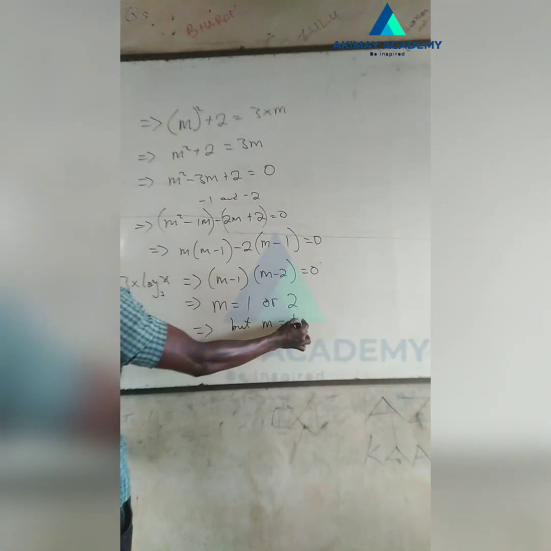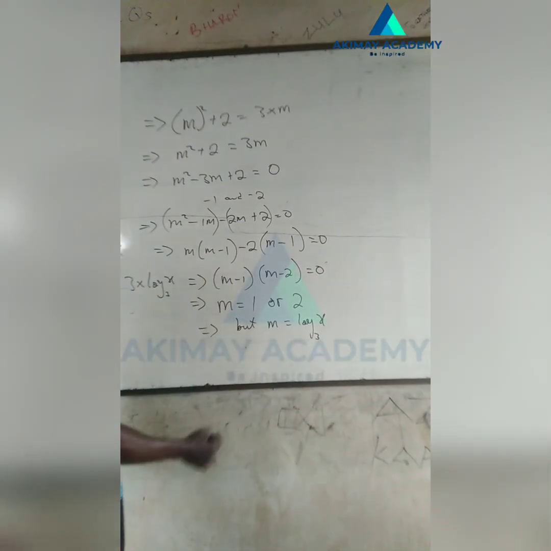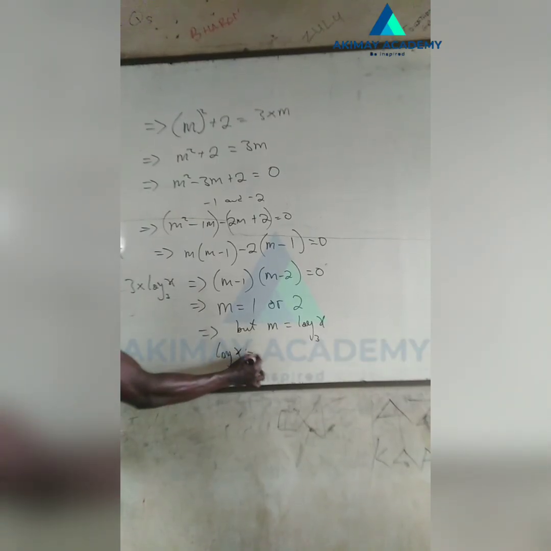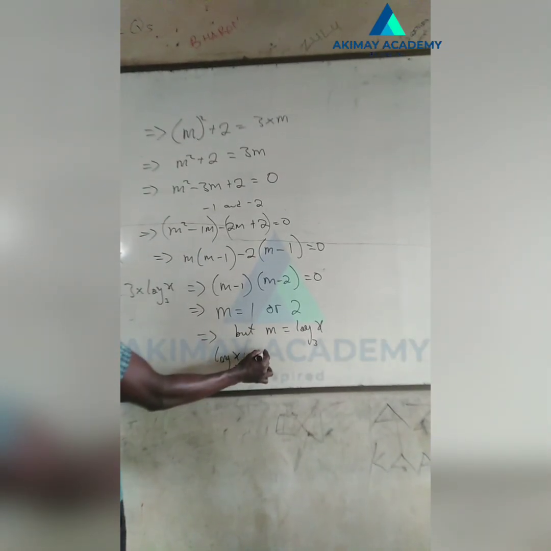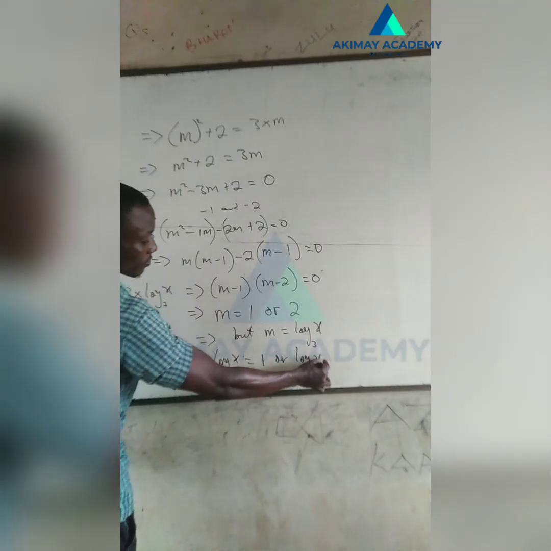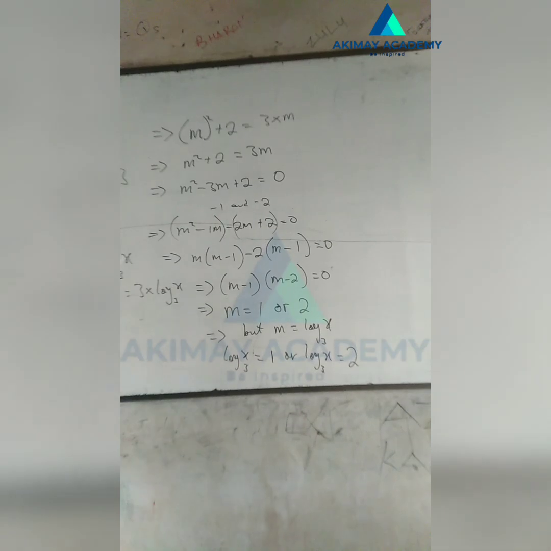So we are going to have log x to the base 3 equals 1, or log x to the base 3 equals 2 over here.